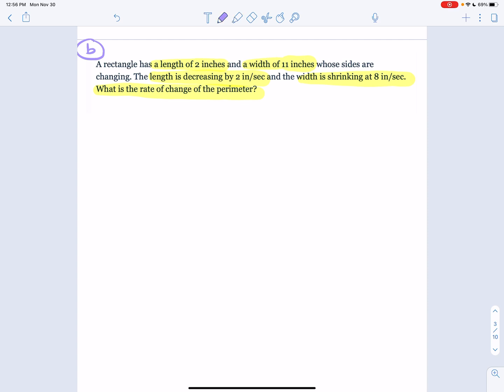We jot down what we know. That's the first step. Length is 2 inches. Width is 11 inches. The length is decreasing by 2 inches per second, so that's a rate, because a rate is just a fraction. Since it's decreasing, I know it has to be negative, and that's going to be dL over dt since it's a rate.